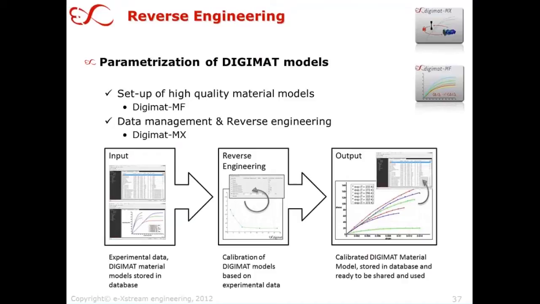DIGIMAT MX is a database to start with, where you, in a very consistent way, store your experimental data and your DIGIMAT material models. Then you can also perform reverse engineering procedures in that environment, guided by a nice and easy to use GUI tool, which leads you to a calibrated DIGIMAT material model based on the experimental data you gave. This model, again, you store in your database, and so it's ready to be used and to be shared.